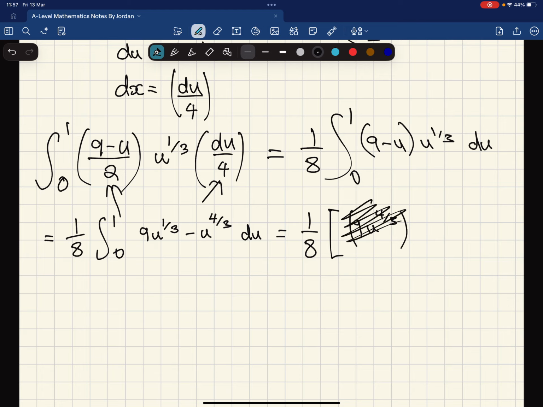Sorry, let me redo that. That's completely wrong. So we've got to increase the power by 1. There we go. And then divide by the new power, gives us 3/4, yeah? Brilliant. And then this one here, this power is going to go to 7/3. And then 3/7 is its reciprocal.